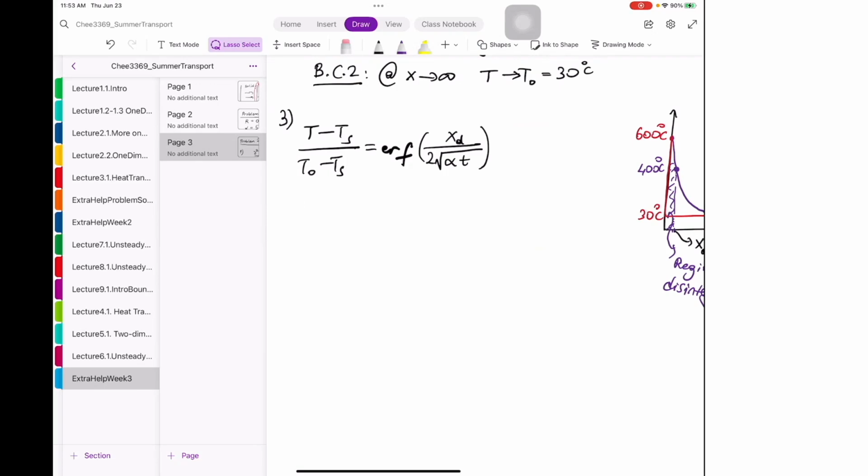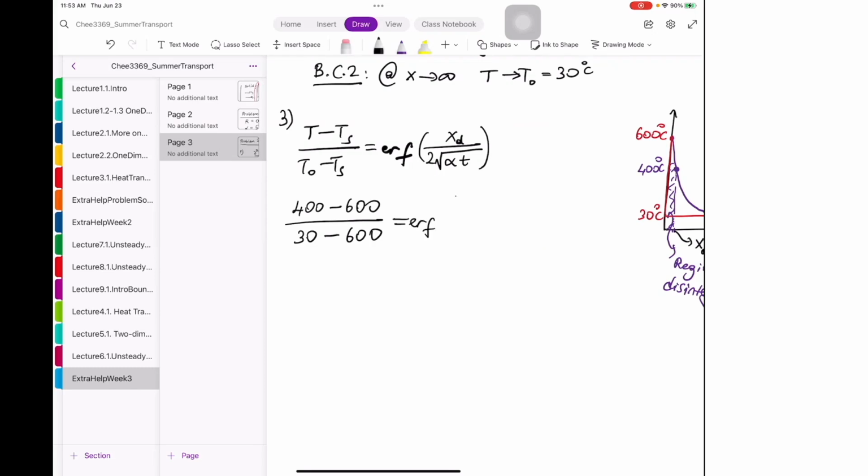So 400 minus 600 divided by 30 minus 600. I'm using centigrades, but it doesn't matter because the differences in centigrade are the same as the differences in Kelvin.